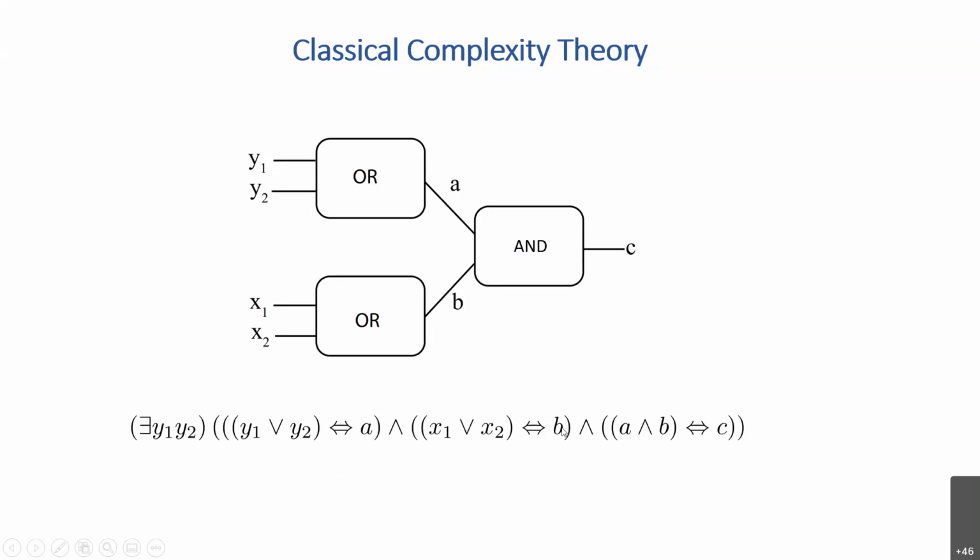And you have some clause that describes the operation of this gate. And then finally, some other clause that describes the operation of the last gate. So this connection between non-deterministic circuits with existential input, or does there exist a witness, maps to these satisfying formulas.